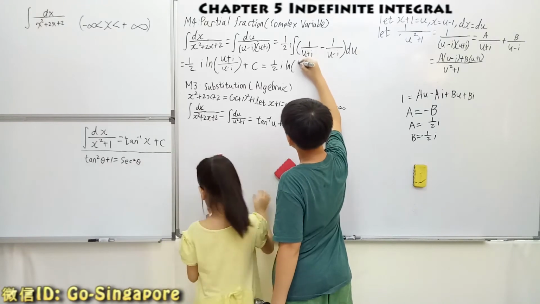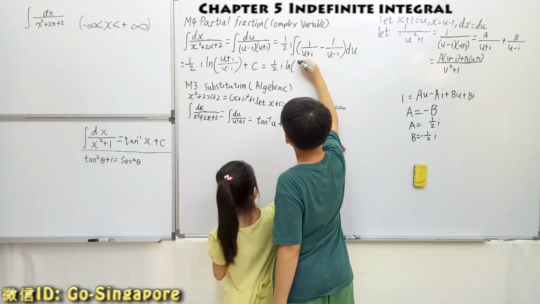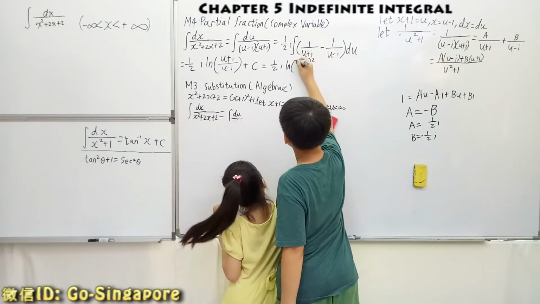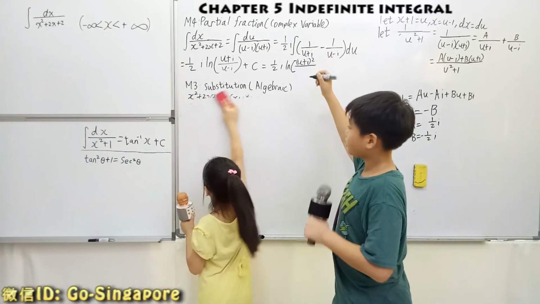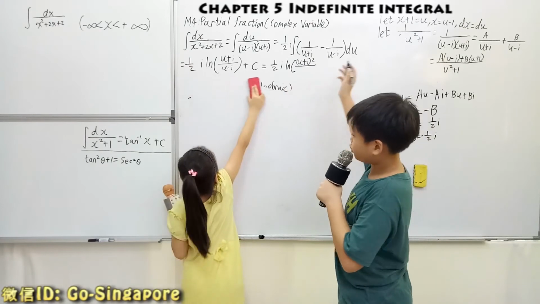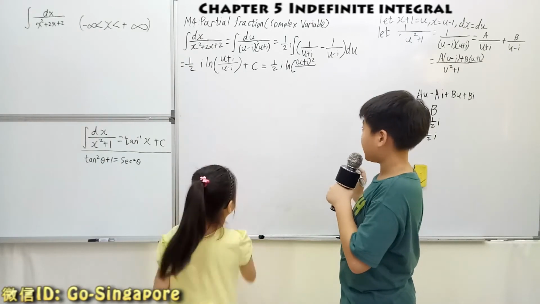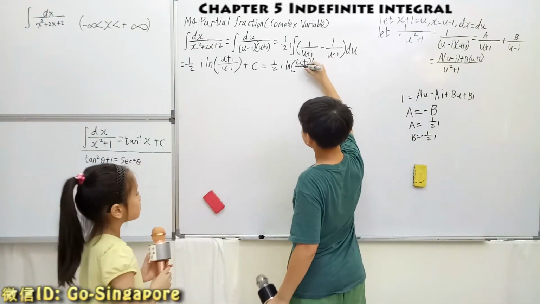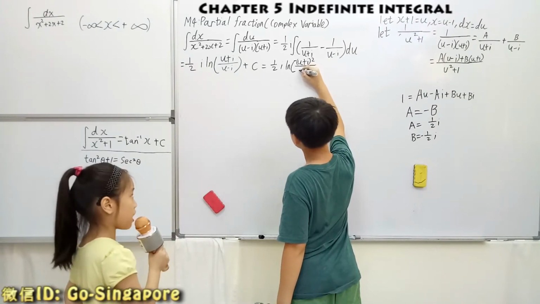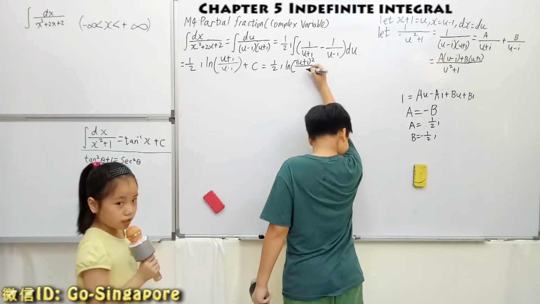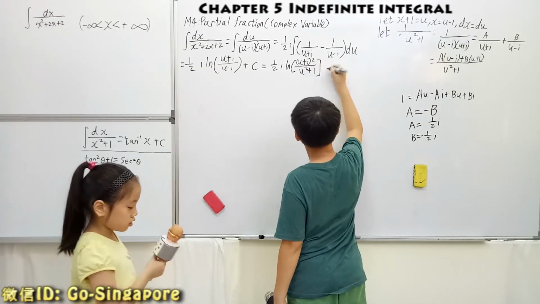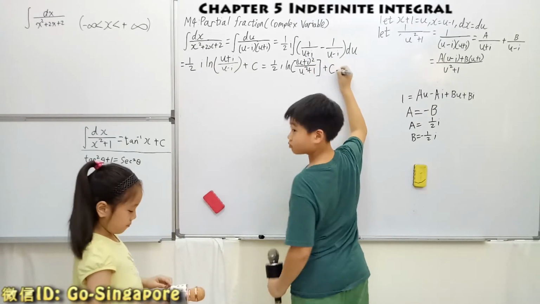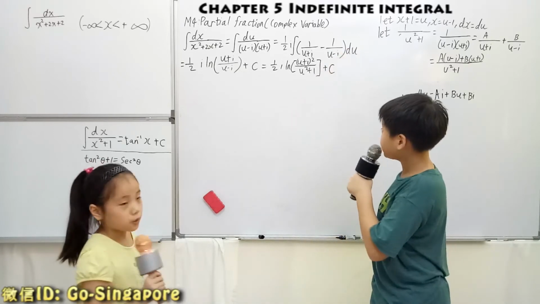Okay, so I will erase here. So this u minus i times u plus i is, u minus i and u plus i is the u squared plus 1. Like this, right? Right.